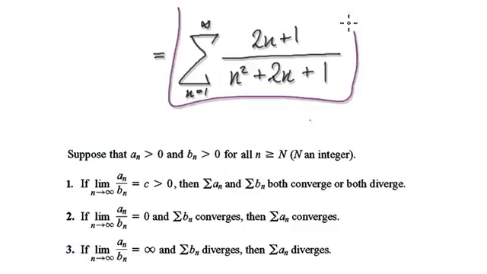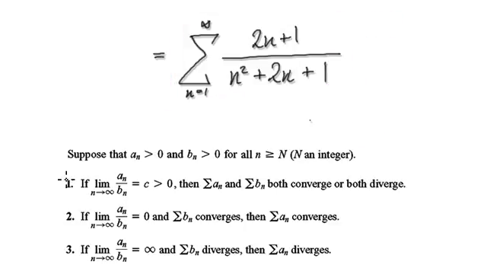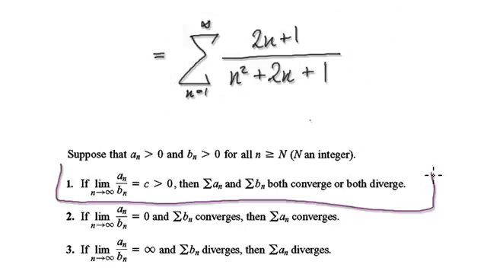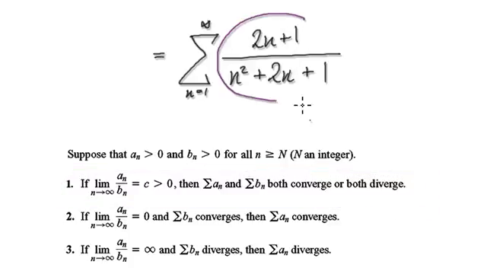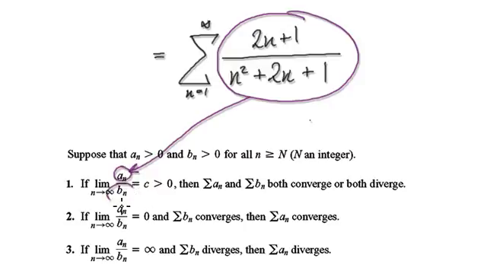So in order for us to decide whether this will converge or diverge, we are going to make use of number one. We are going to let this whole thing here be an, and then we're going to compare it with something that we know a lot about.